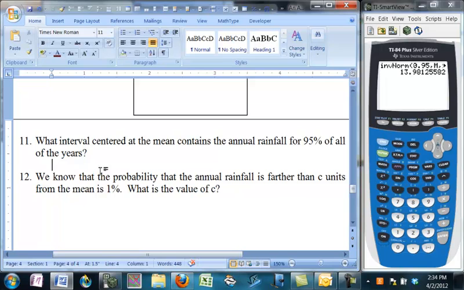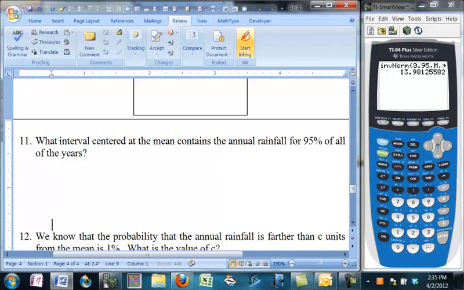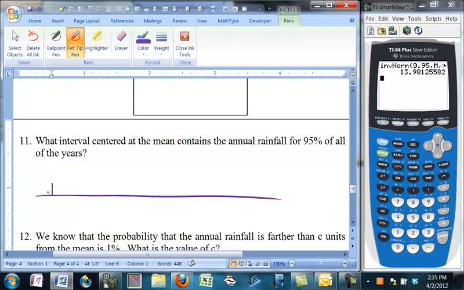What interval centered at the mean contains the annual rainfall for 95% of all the years? Well, again, if we sketch this out, we're looking at a normal curve.